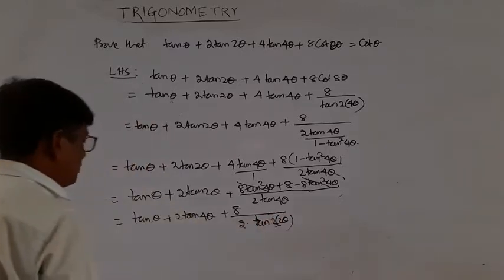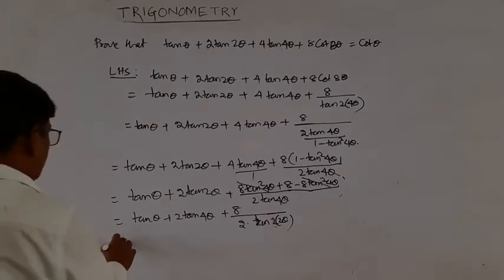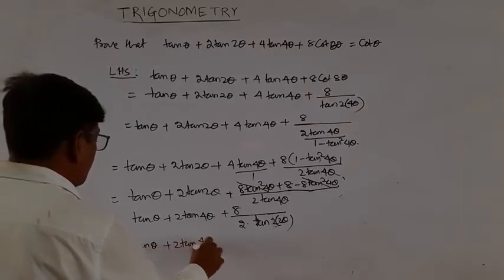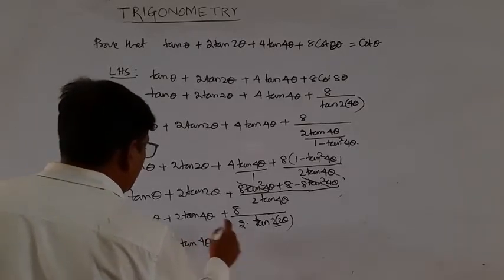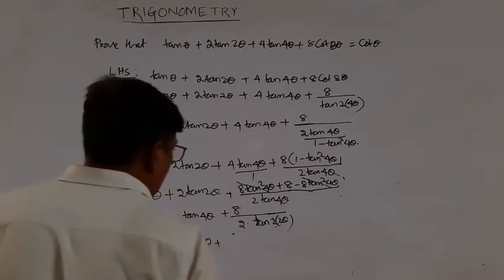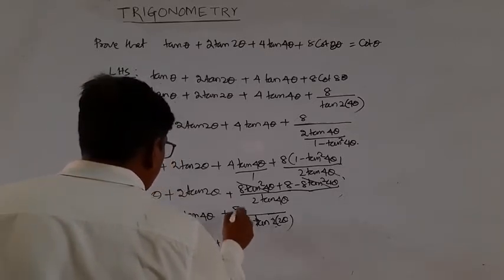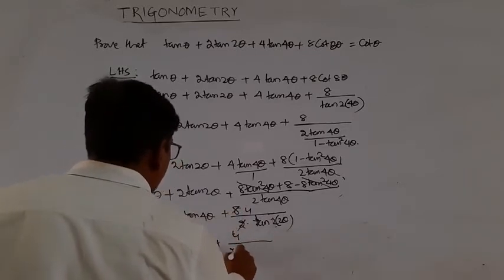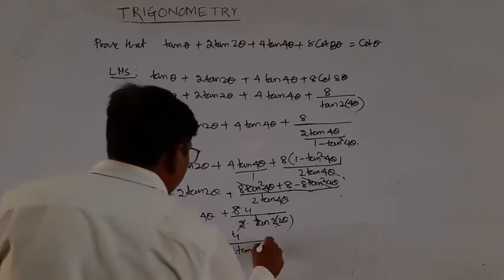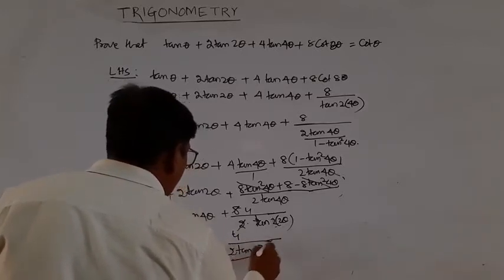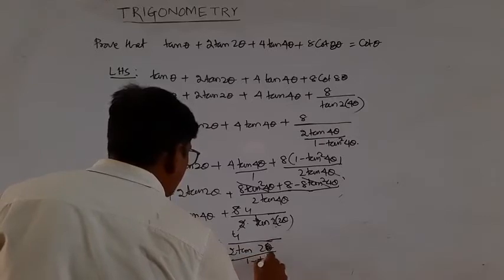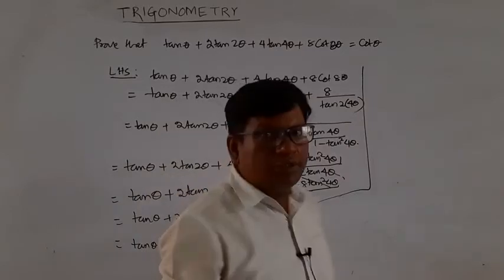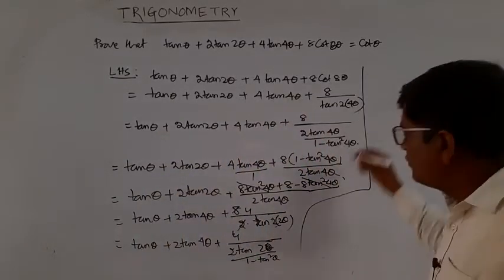So this is equal to tan theta plus 2 tan 2 theta plus 8 by 2, that is 4, so 4 by 2 tan 2 theta divided by 1 minus tan square 2 theta, that is equal to tan theta.